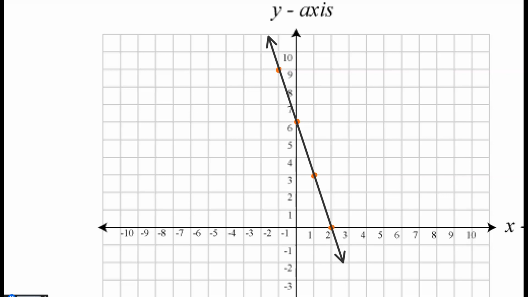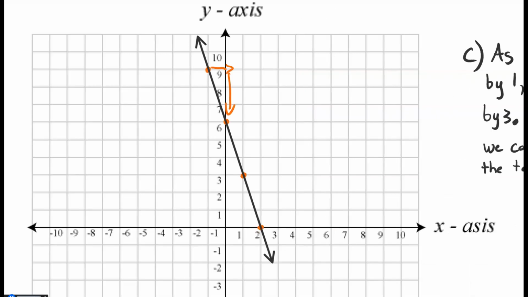And we're going to look at part C. So what patterns are in the graph, and how do these patterns relate to the table of values? Well, when we increased our value of x by 1, we decreased our value of y by 3.